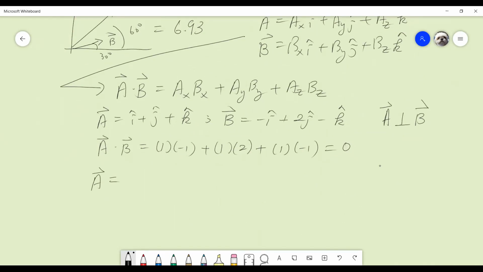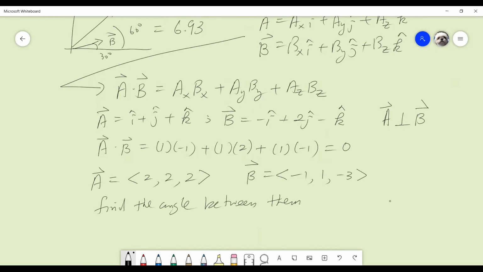Okay, now let's say I'm gonna give you two vectors here, 2, 2, 2, right? And then I'm gonna give you another vector, let's say minus 1, 1, and minus 3. The question is: find the angle between them.